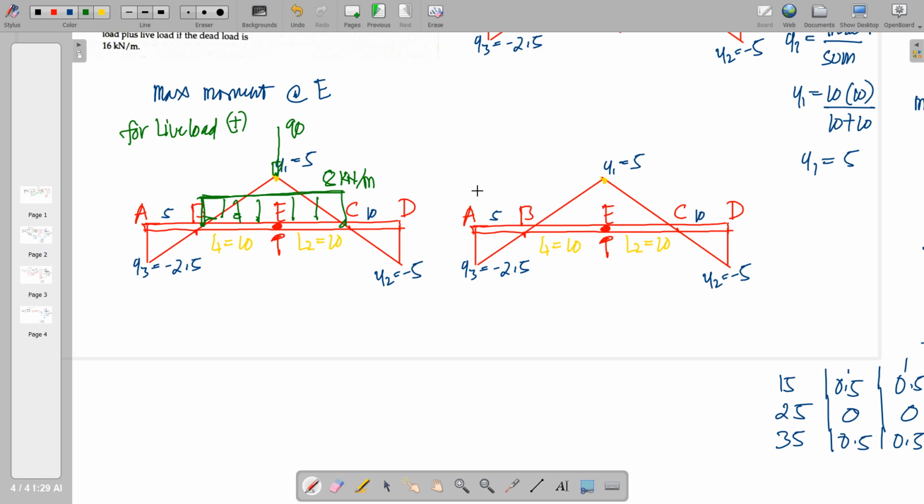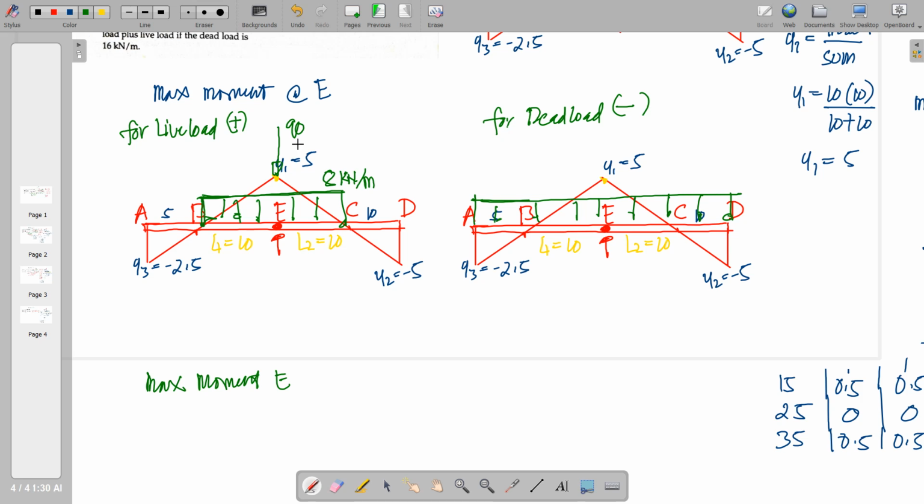And for dead load, we have negative. So the distributed load is placed all over your beam. So let us now compute for the maximum moment at E.